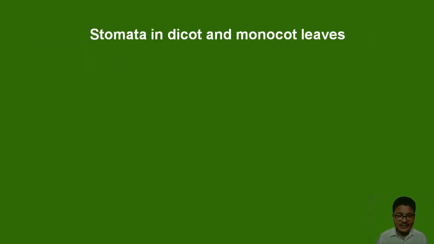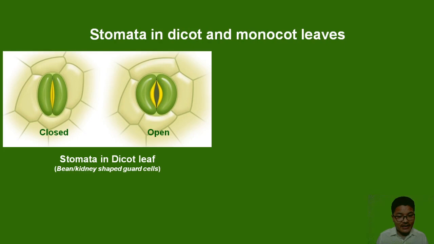Now let's discuss stomata in dicot and monocot leaves. You have seen this diagram many times. Over here you are shown a closed stoma, and in this diagram the stoma is open, right?